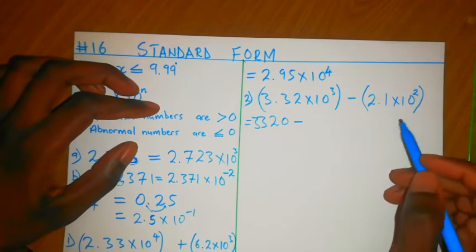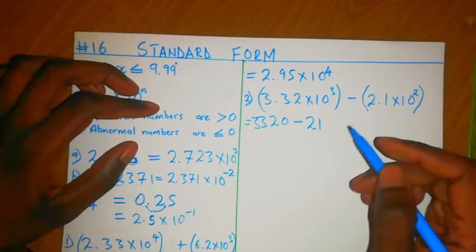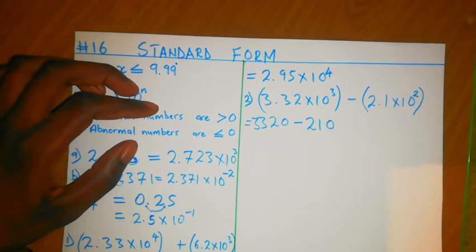This is 10 to the power 2, which is my 100. So I'm having 2, 1, 0. That's my 210 there. Then I'll subtract here.